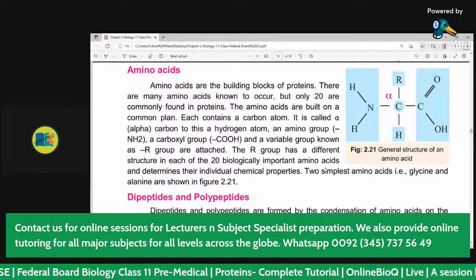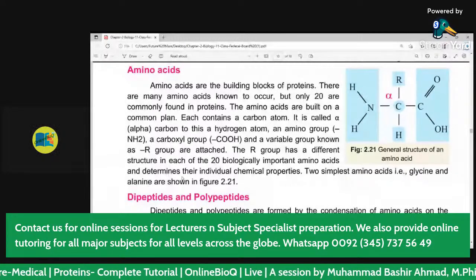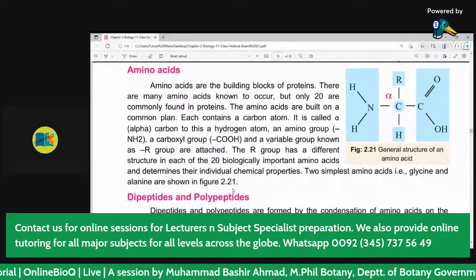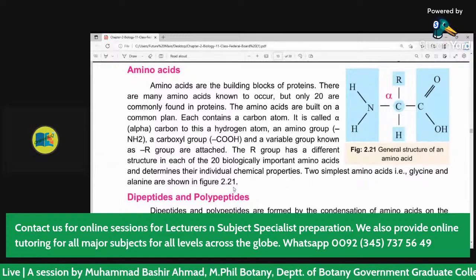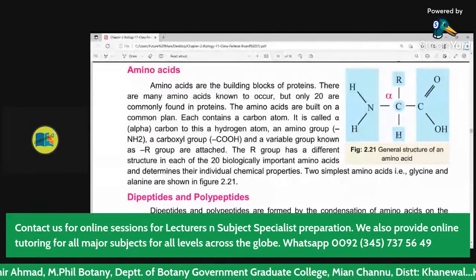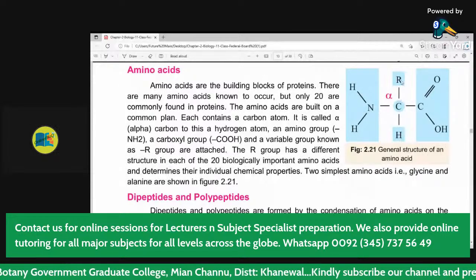Two simplest amino acids, glycine and alanine, are shown in figure 2.21.